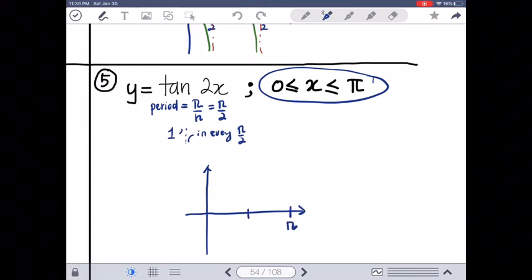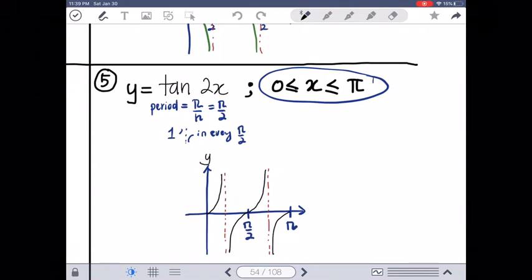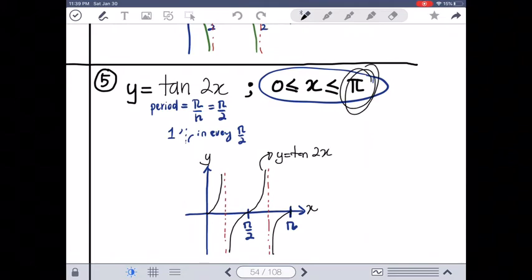So this is pi, this is pi over 2, and for every pi over 2 there will be one cycle. So another cycle for the next pi over 2. This is the graph of y equals tan 2x, where we stop at pi.